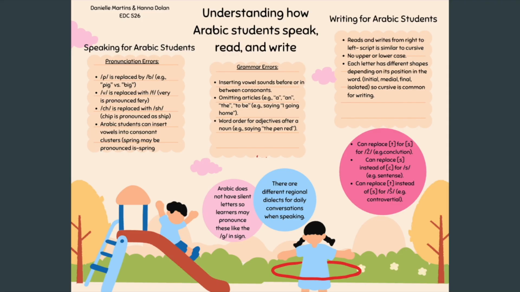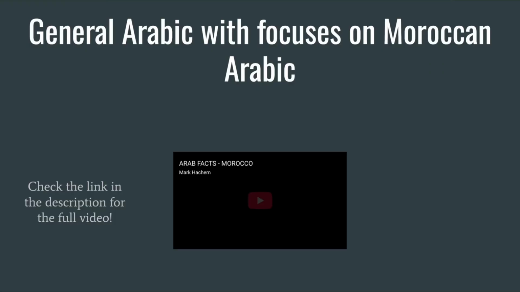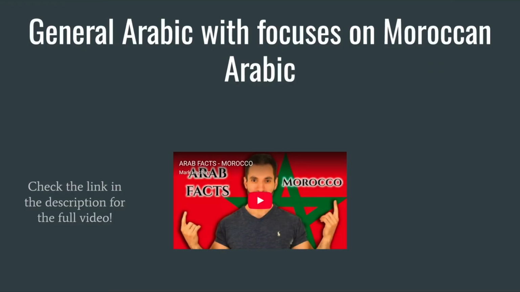With this, teachers can get a better understanding of how to approach their Arabic students and families with respect and confidence. They should understand mistakes students can make and hopefully educate classrooms and peers on how to interact and teach Arabic students. The next 3 slides provide some interesting facts about Moroccan Arabic and loanwords, so feel free to watch the video at your leisure.